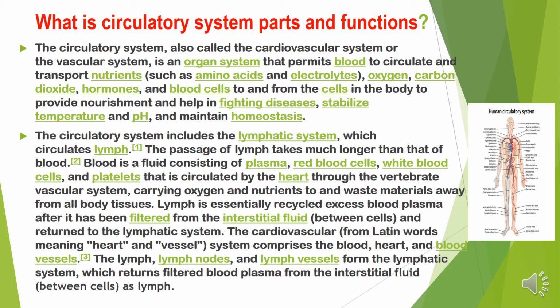The lymph nodes and the lymph vessels form the lymphatic system, which returns filtered blood plasma from the interstitial fluid between the cells as lymph. As we have seen in our diagram, it's all about the human circulatory system.